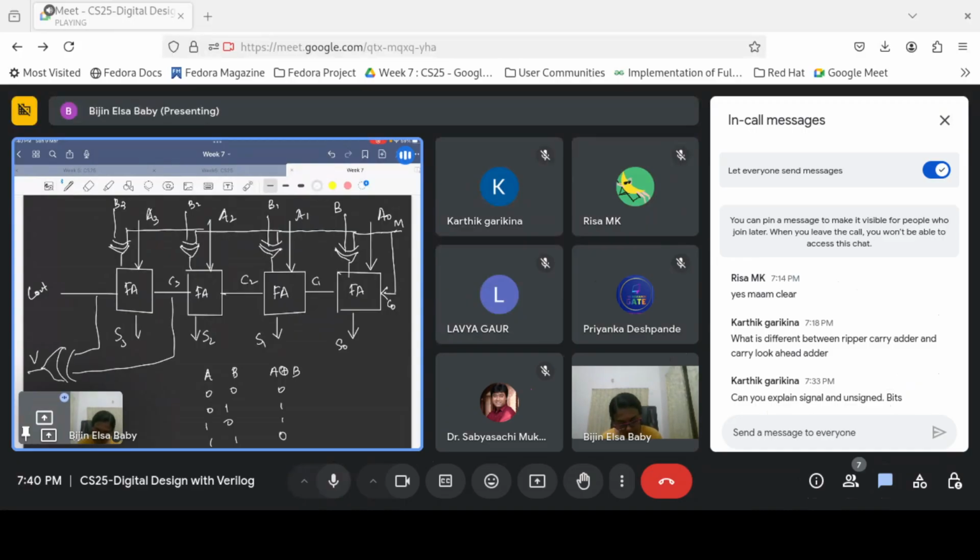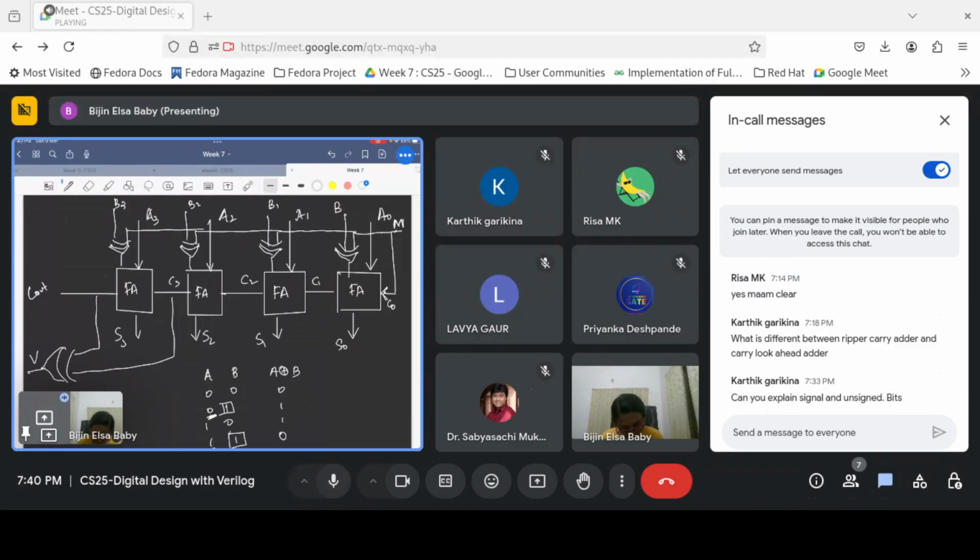So here, n is the mode, and n is given as the initial carry. If I am doing XOR with 1, then A is going to A bar, so this is going to be the complement, right?